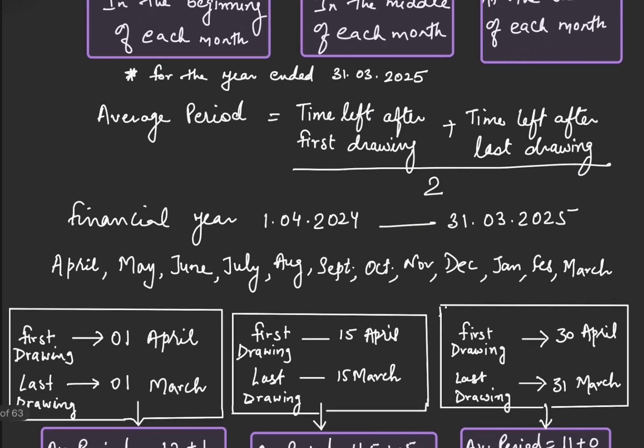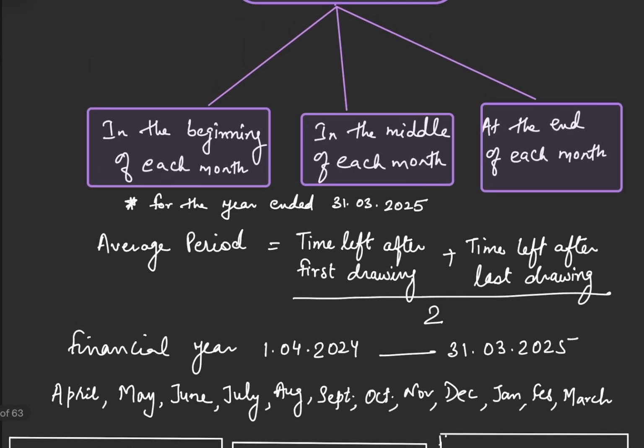For the second case, suppose the amount is withdrawn in the middle of each month. Please see that the middle of April is 15th of April, right? So similarly, on the 15th of every month, the amount will be withdrawn. We have to concentrate on the first drawing and the last drawing.